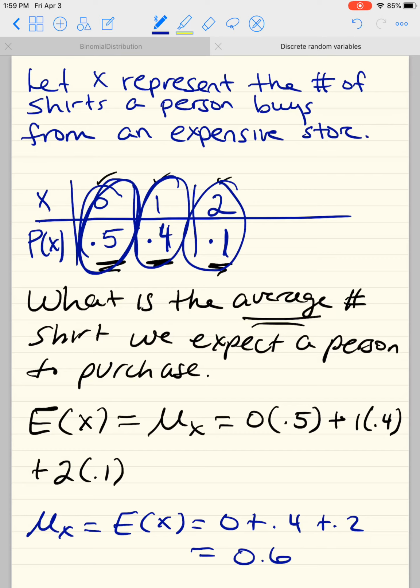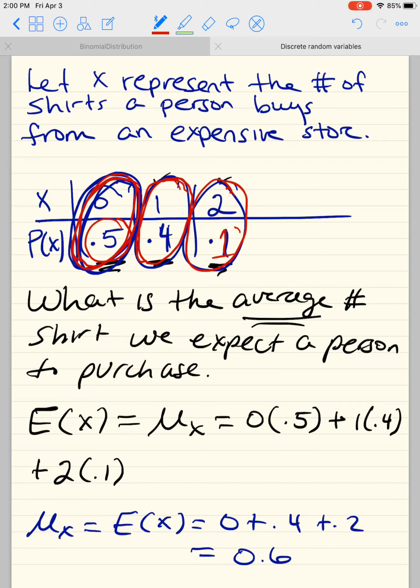Now, most of you might say, how could somebody buy 0.6 of a shirt? Well, if you take a look at what this really means, 5 people are expected to buy none, because 0.5. 4 people are expected to buy 1 shirt, and 1 person is expected to buy 2 shirts.